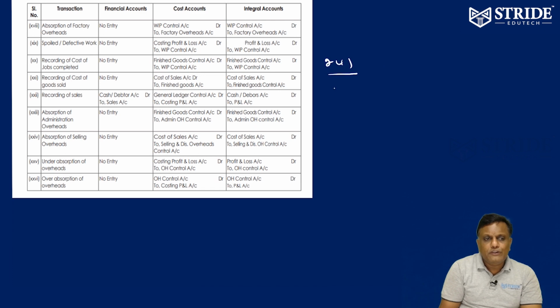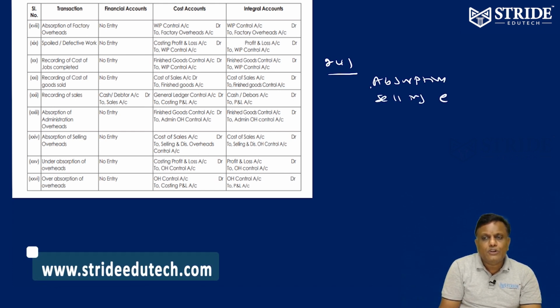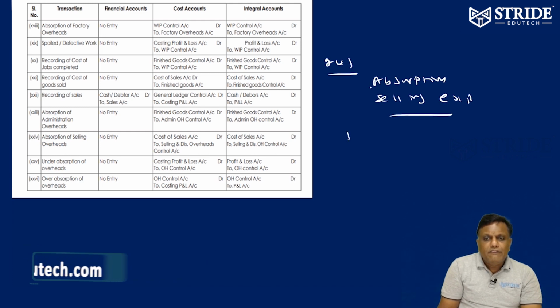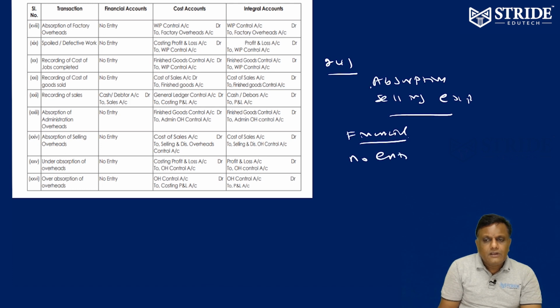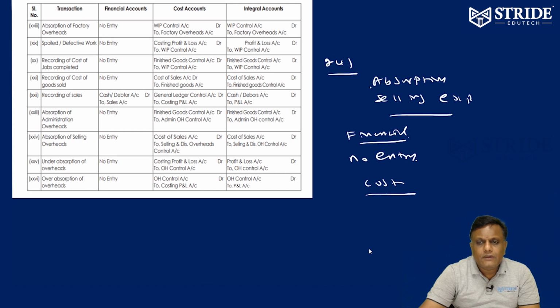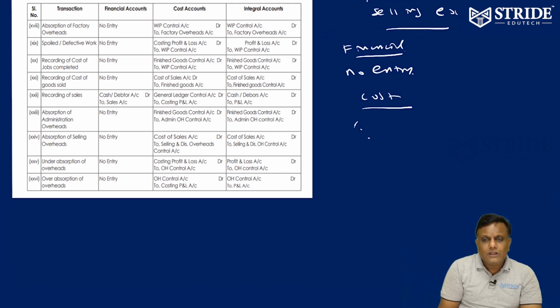Transaction number 24, absorption of selling overhead, selling expenses. How are the selling expenses to be absorbed? In financial, there is no entry, but in cost, cost of sales account to be debited and selling and distribution overhead to be credited.